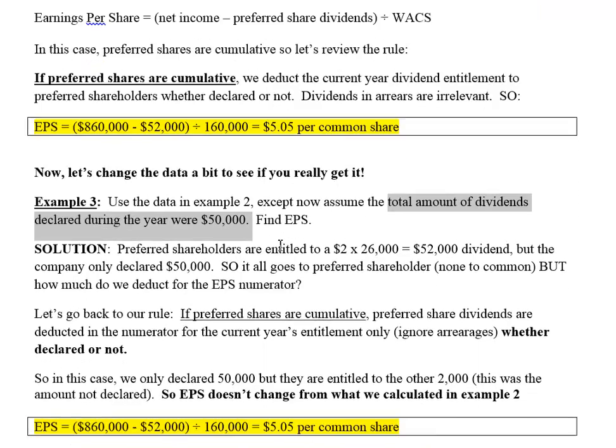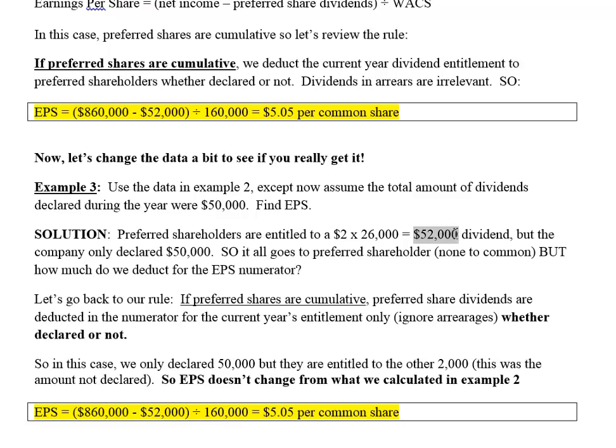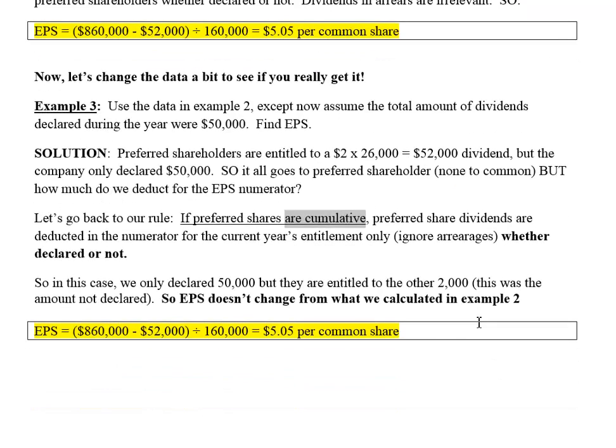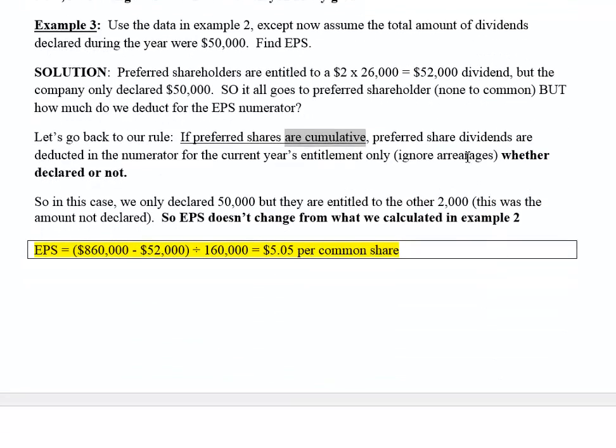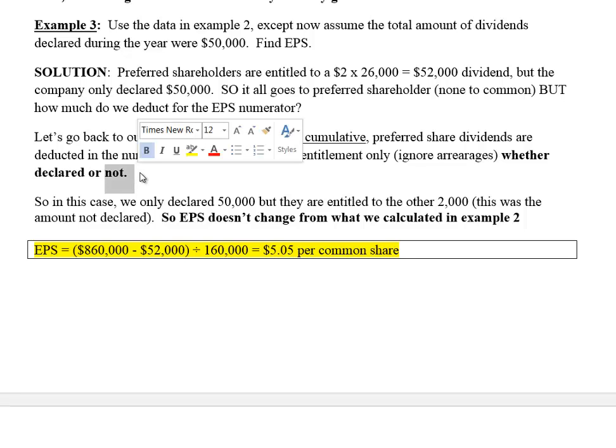Well, we know that the annual current year entitlement would be $52,000. If we go back to our rule, because our preferred shares are cumulative, we deduct the current year's entitlement, which is $52,000, whether it's declared or not. In our example, $50,000 was declared. The "or not" piece is the other $2,000 of the $52,000.